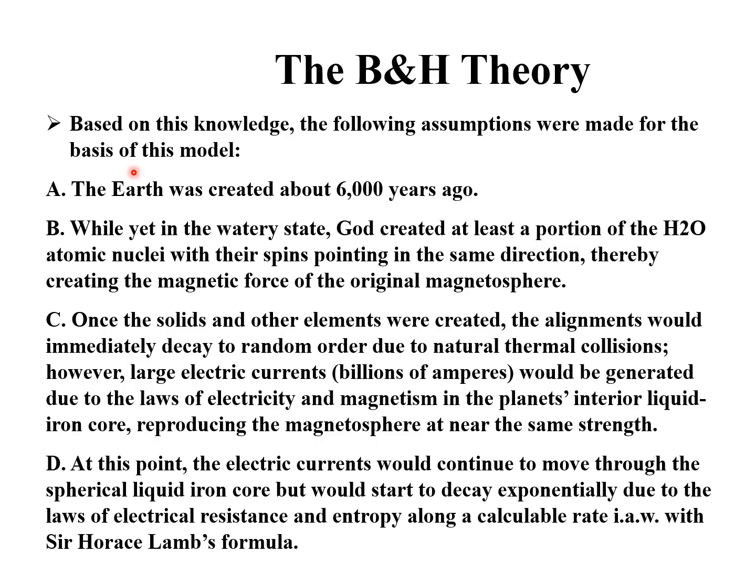The Earth was created about 6,000 years ago. While yet in the watery state, God created at least a portion of the H2O atomic nuclei with their spins pointed in the same direction. Remember, we talked about the spins of the nuclei being in all kinds of random directions in the substance, so it's not magnetic.